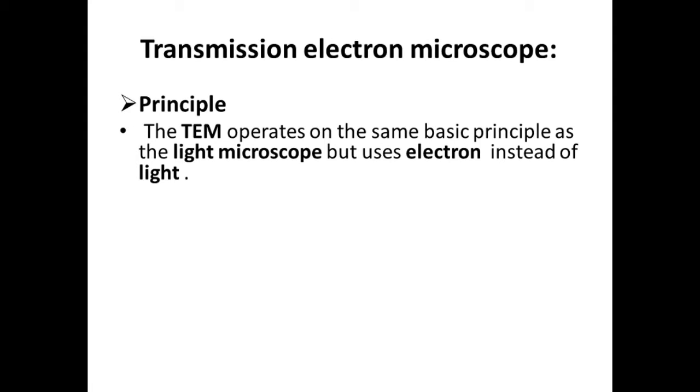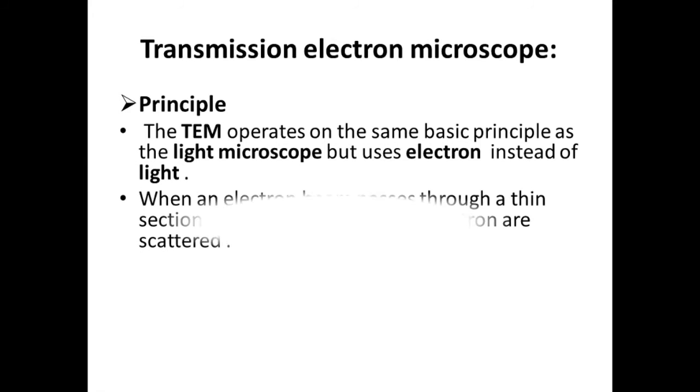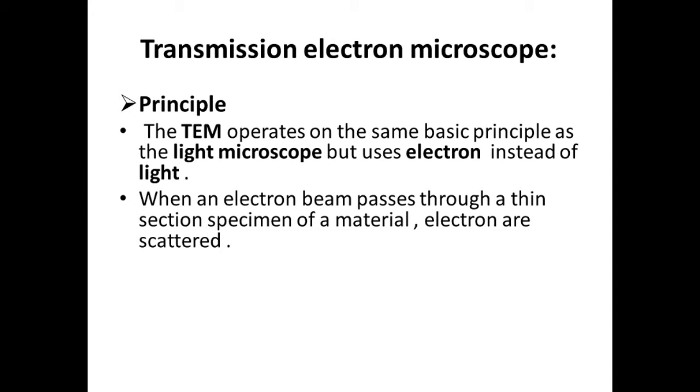Means in TEM we use electrons and in light microscopy we use light. When an electron beam passes through a thin section specimen of a material, electrons are scattered or transmitted.